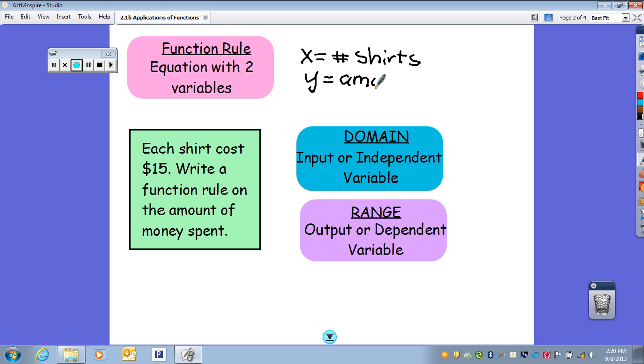So when we write our equation and we're going to put it into our slope-intercept form or function form, we're going to start with our Y. Y equals the amount of money we spend depends upon the amount of shirts we buy, and each shirt that we purchase is $15. So $15 for every shirt is going to equal the amount of money that we spent.